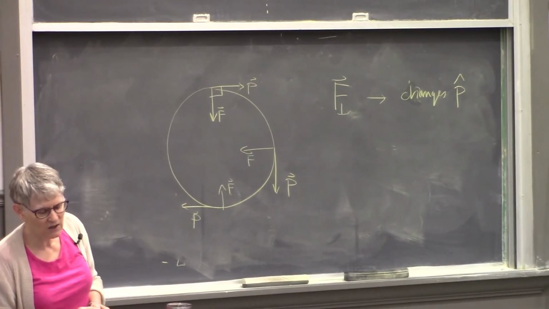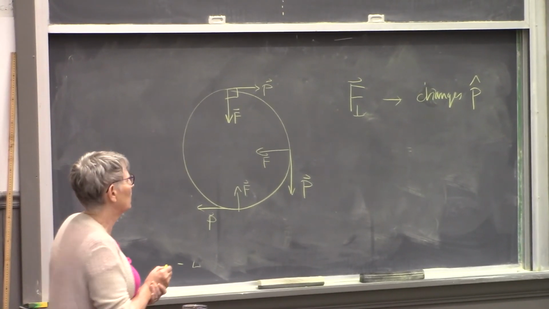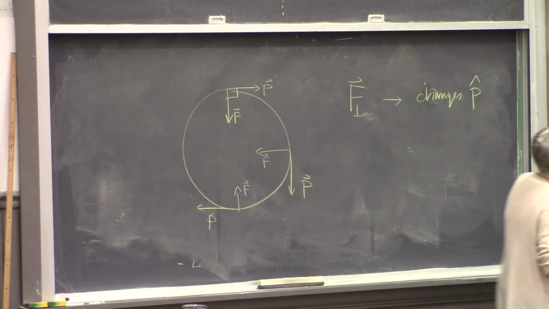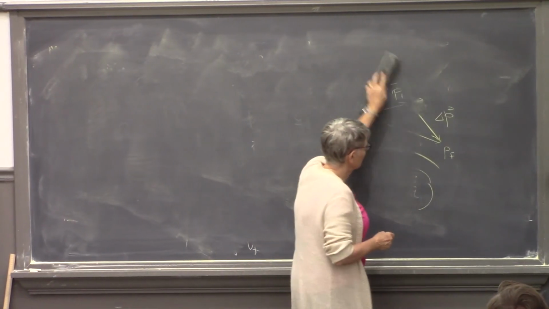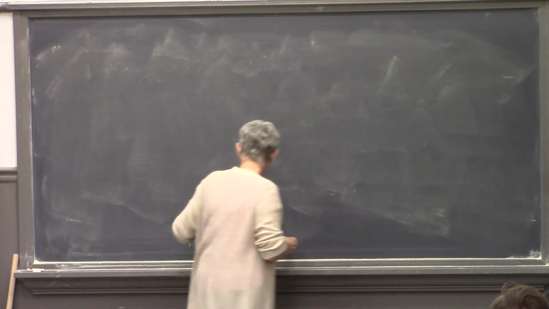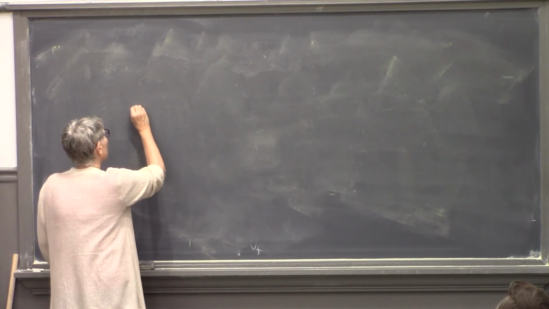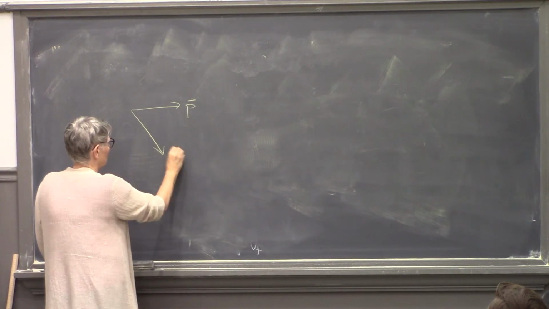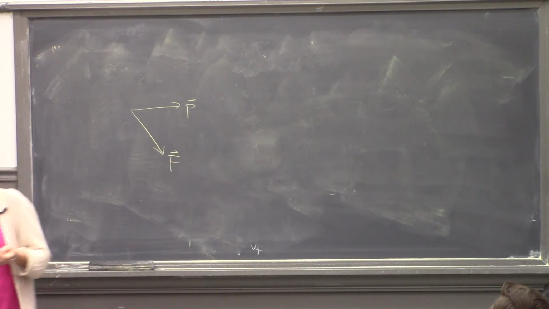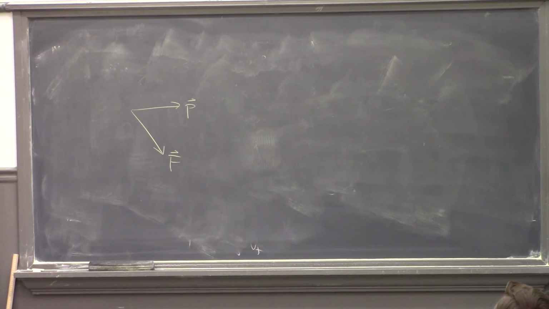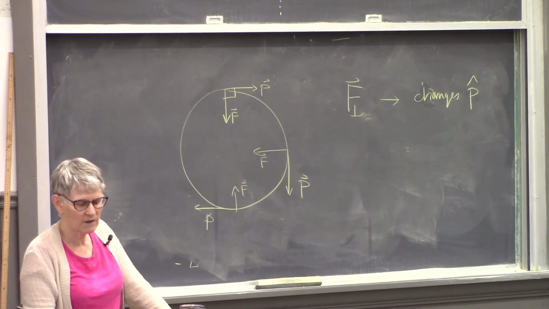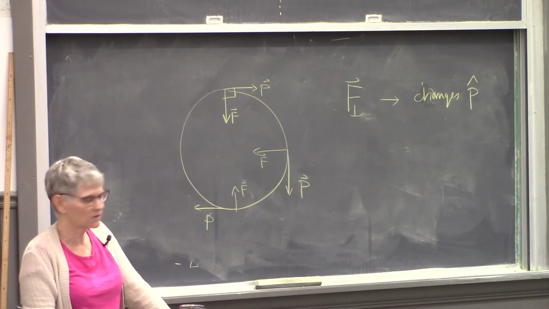So how do we calculate parallel and perpendicular components of something? How would we resolve F into a component that's parallel to the momentum and a component that's perpendicular to the momentum?